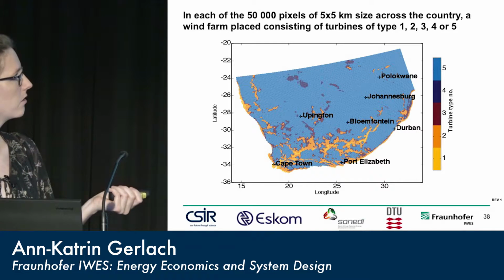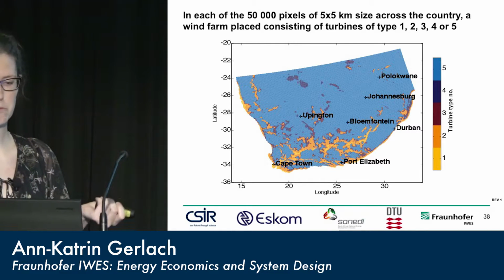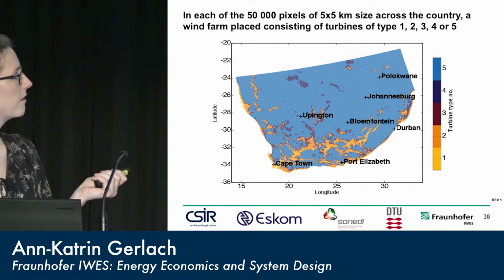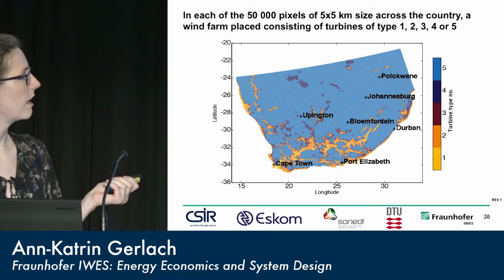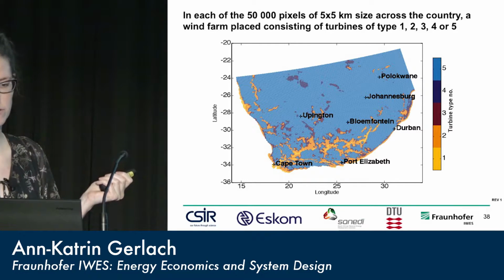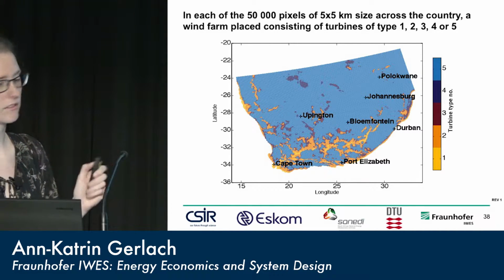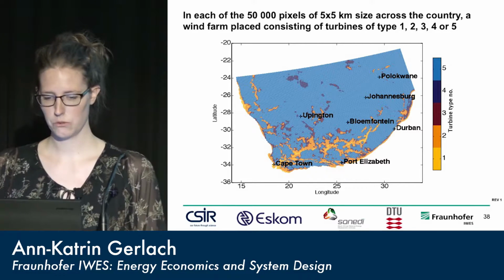So all the yellow sides, there is still the turbine with the number 1. So here we have high wind speeds, and going up to the turbine number 5, which is for the lowest wind speeds, which is in most bases of South Africa used.